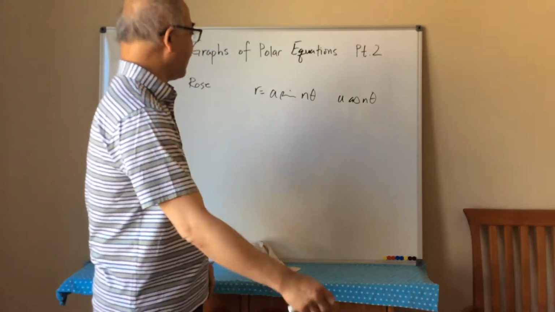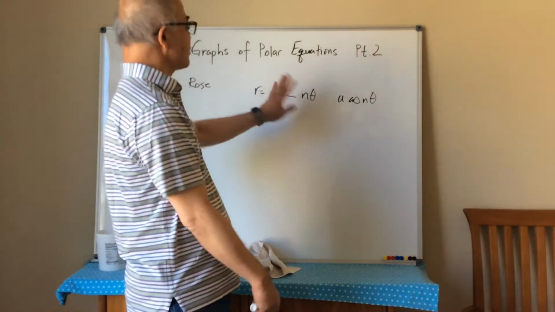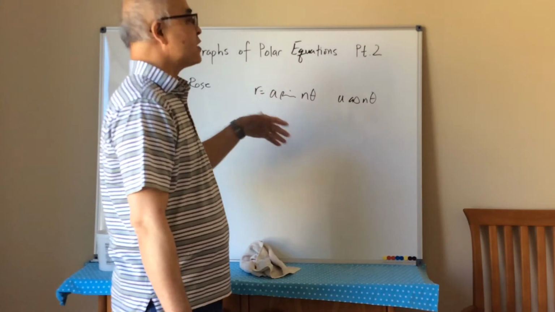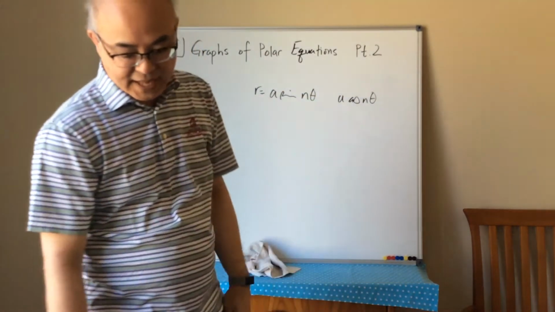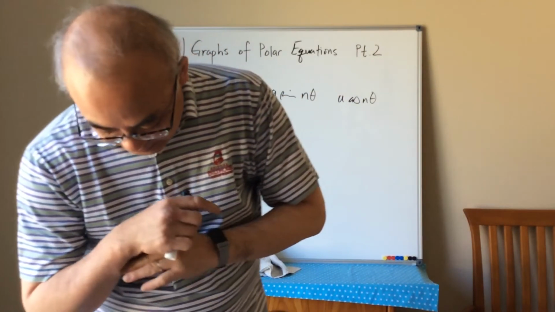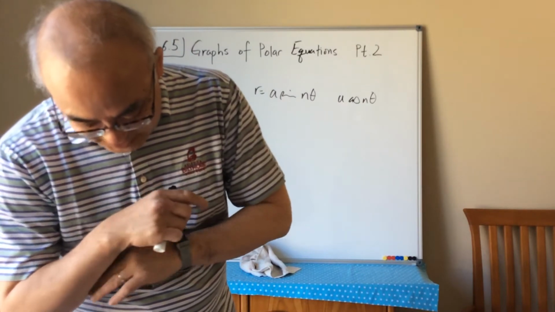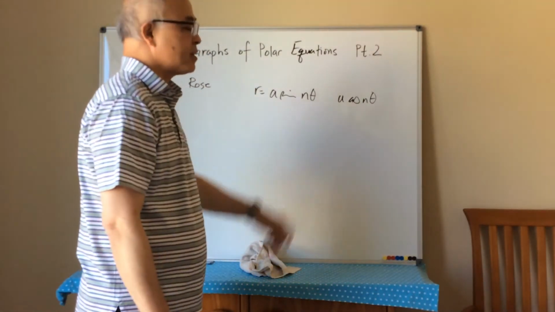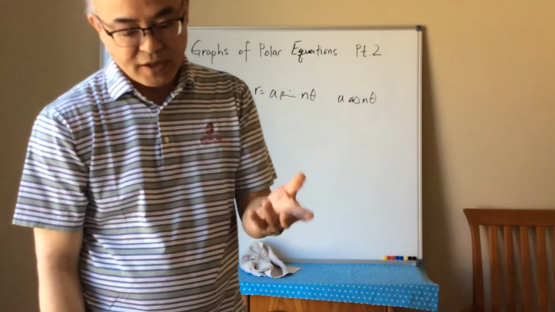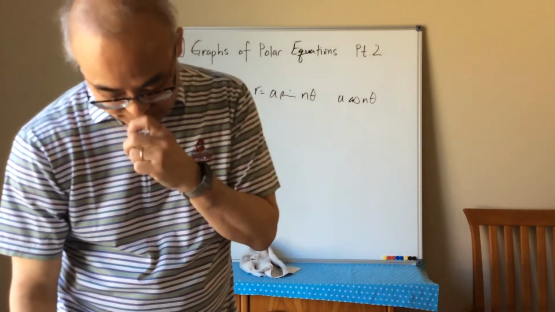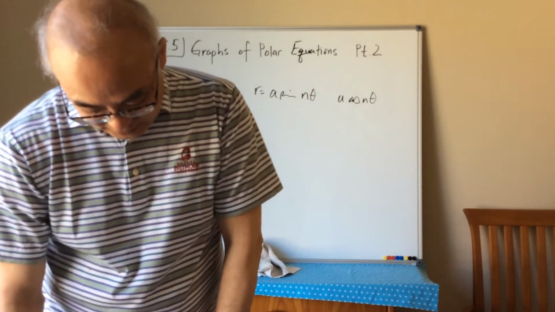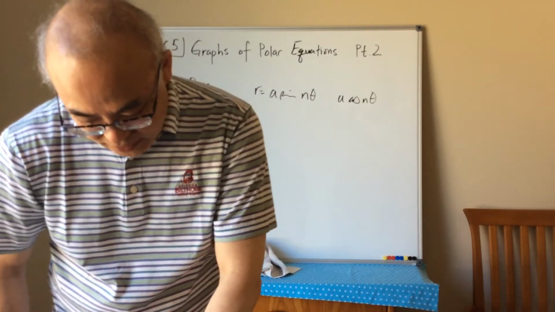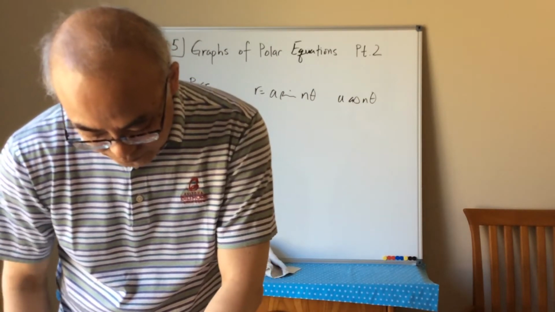A sine theta, as we saw, was symmetric across the y-axis. The cosine theta would be across the x-axis. And if n is an even number, it's symmetric across everything: x, y, and the origin. So that's all we need to talk about there.